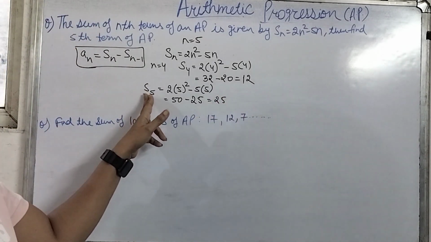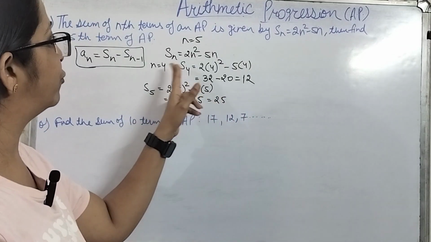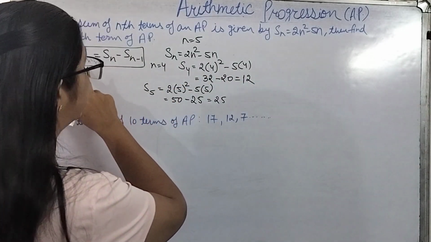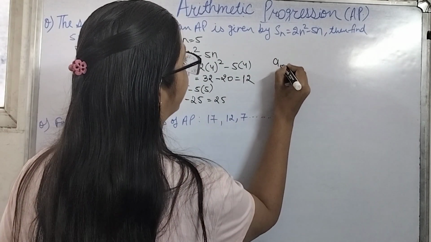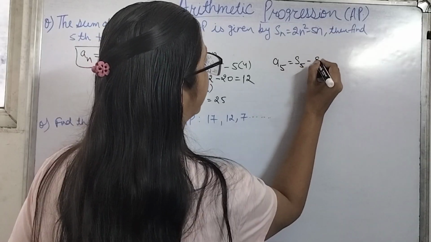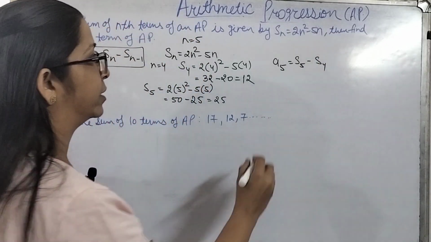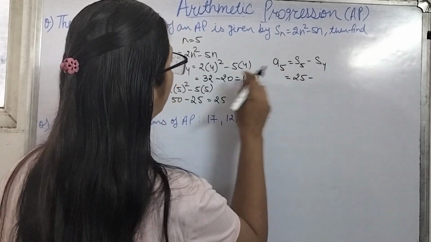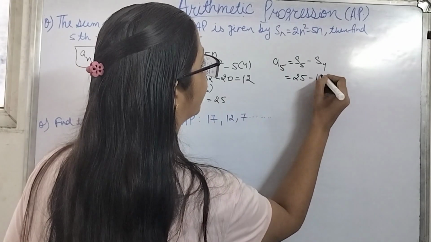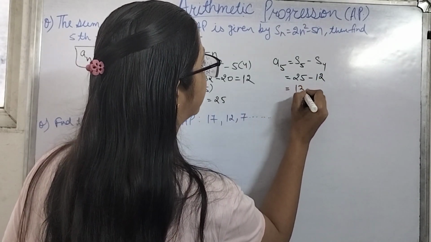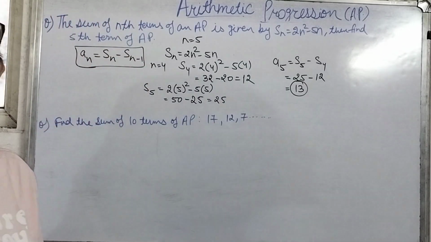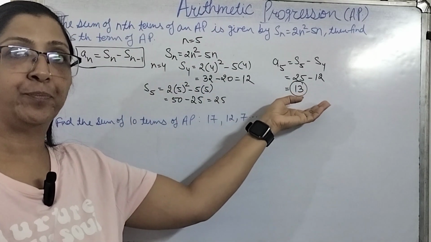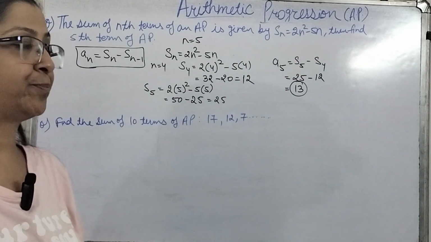That means the sum of 5 terms is 25 and the sum of 4 terms is 12. So the fifth term a5 will be the sum of 5 terms minus the sum of 4 terms, that is 25 minus 12, so it will be 13. The fifth term will be 13. So using this formula, we can find the term if the sum is given to us.